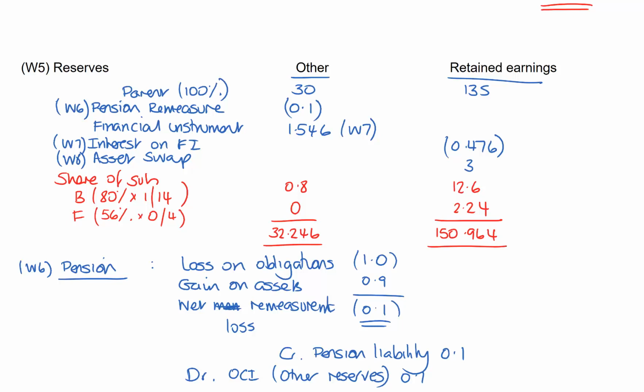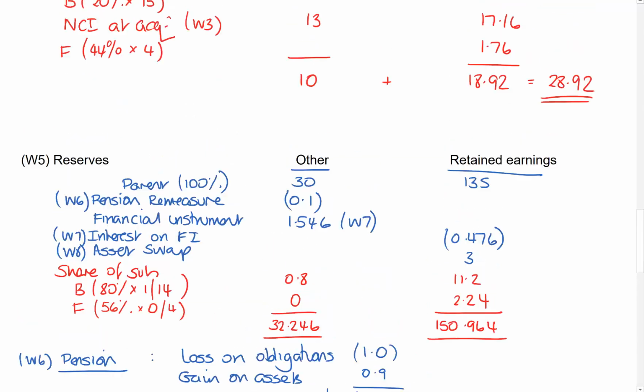Oh no, sorry, it's not. It's 11.2. Sorry, 80% of 14 should give us the figure of 11.2. We therefore have totals to take to the equity section of our statement of financial position.